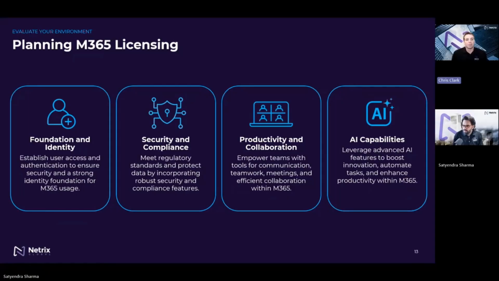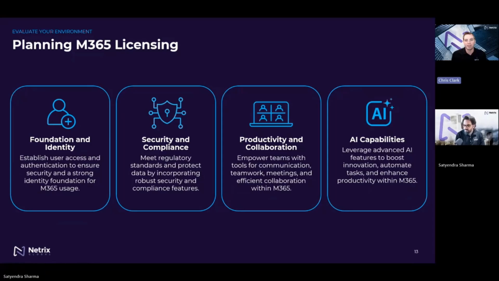Thanks. Yeah, and what are the key strategies here with the E5 health check process and the pillars that we've been discussing with the licensing is to really take a thorough look at these main areas.